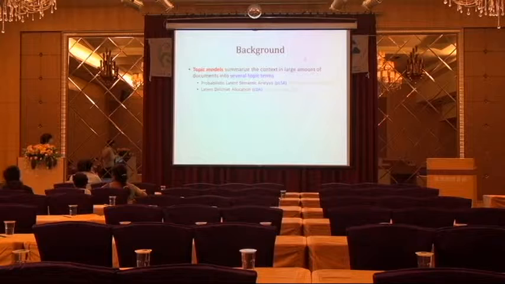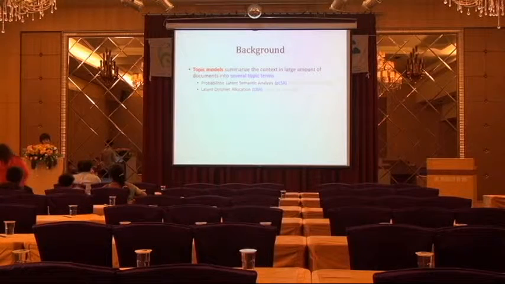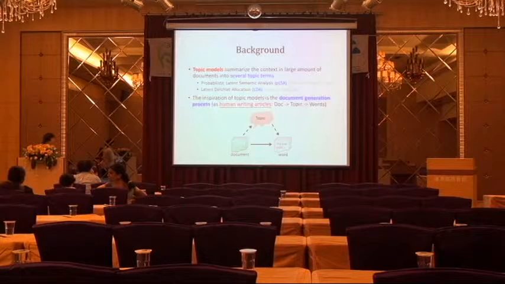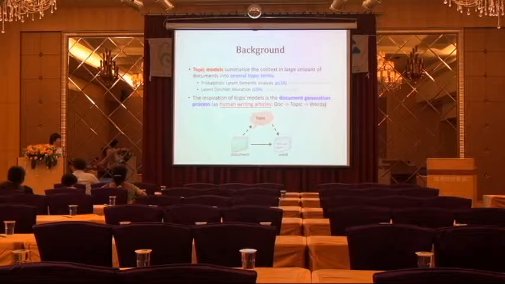The topic model is a tool to summarize the context. It was proposed in 1999 as PLSA, and also LDA, the more famous one, in 2003. The idea of the topic model is that it uses a document generation process. It's just like human writing.